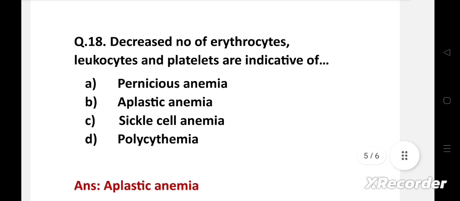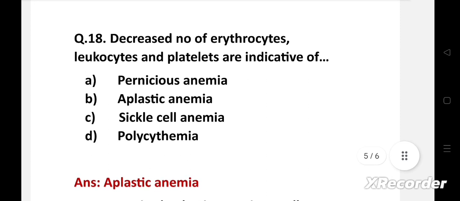Right answer is aplastic anemia. Aplastic anemia means pancytopenia, that is decrease in all cellular elements of the blood, for example platelets, leukocytes and erythrocytes.